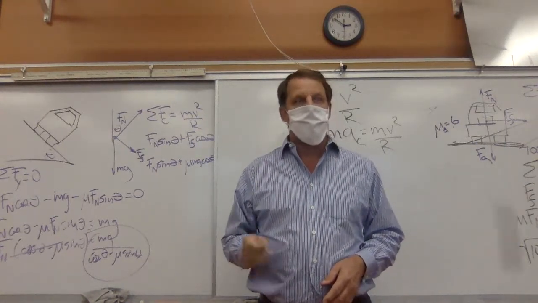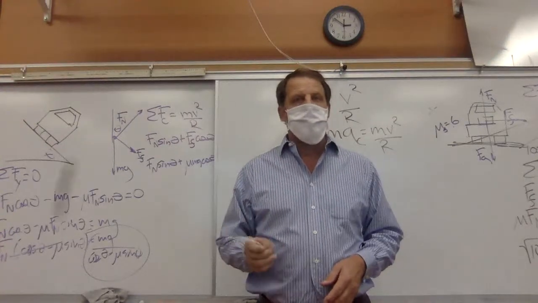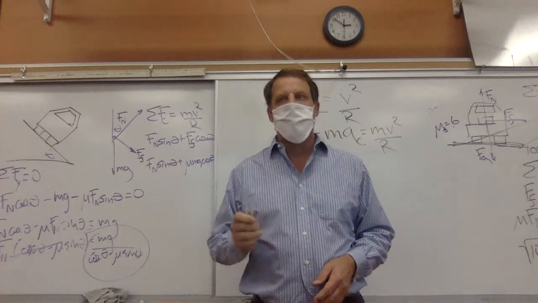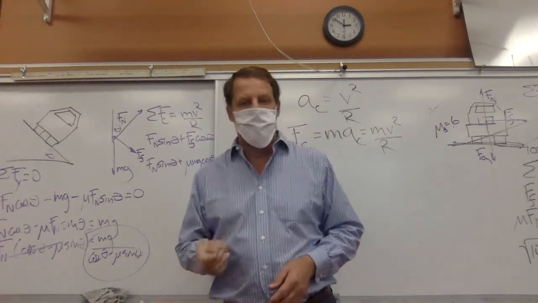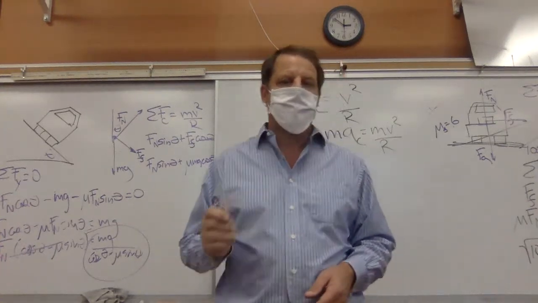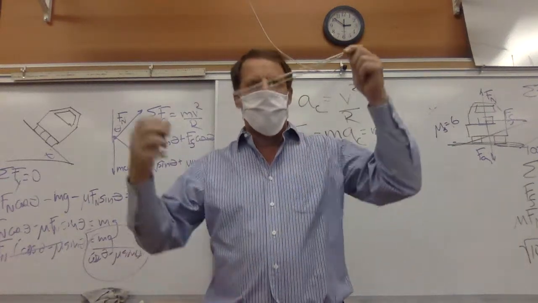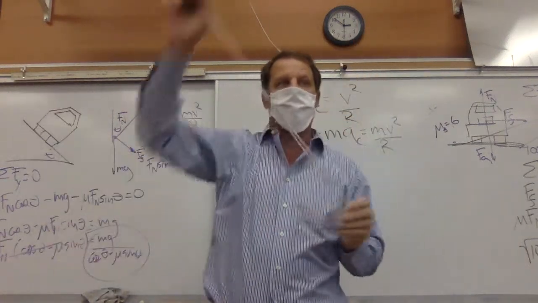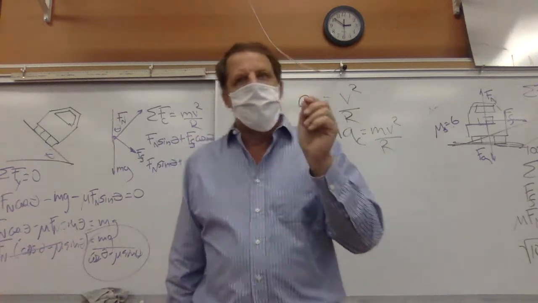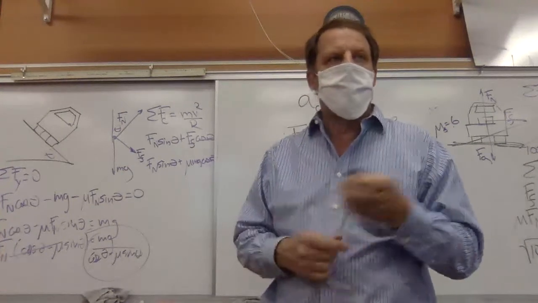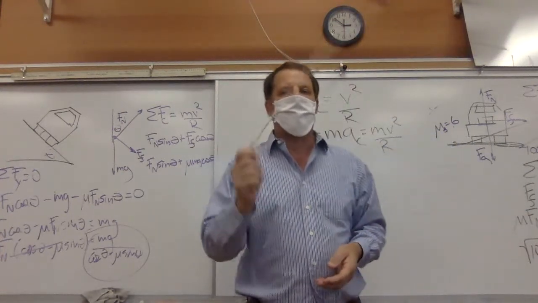All right, now we're going to shift our gears here and kind of finish off, not with the horizontal curve like I was showing you before, but what is called a vertical curve. Okay, so if I take this mass on the end of a string, but now I'm going in a circle. Let's say that I'm really good and I can swing this at a constant velocity.